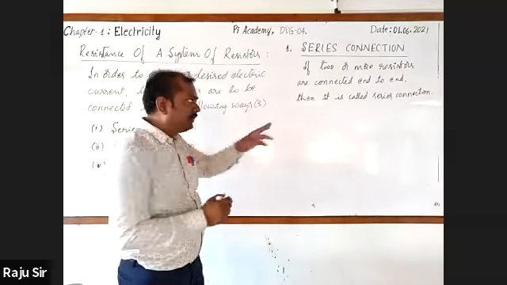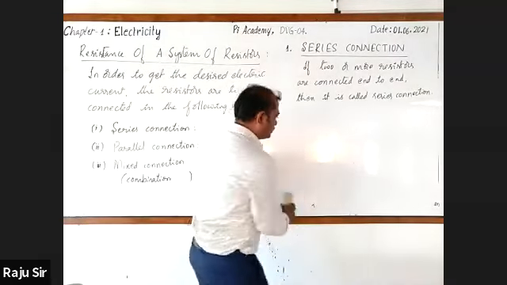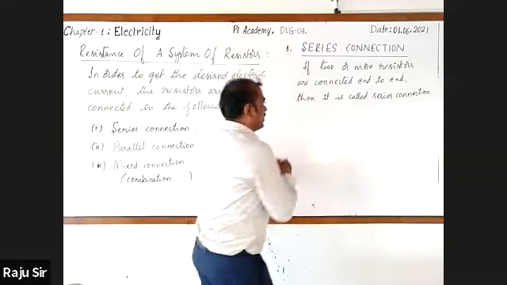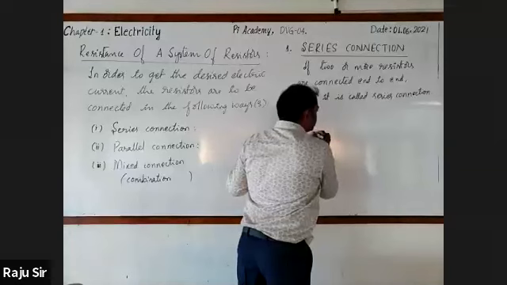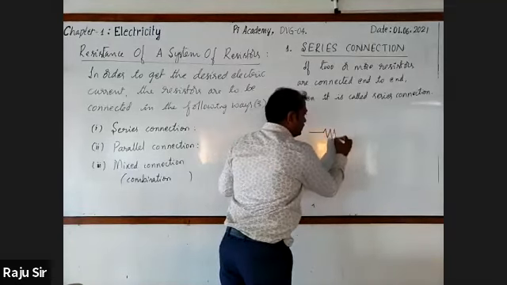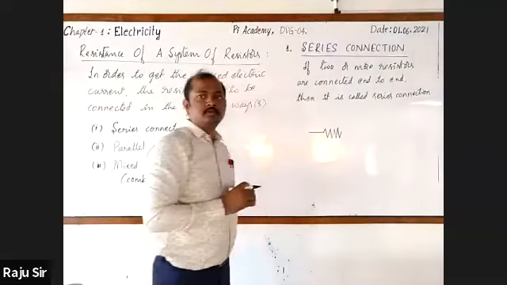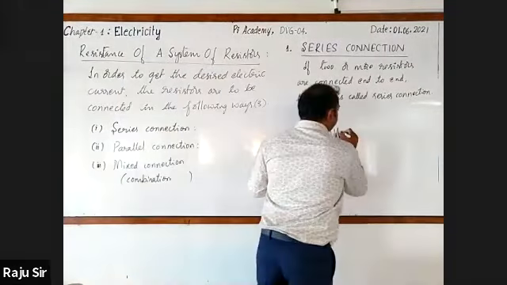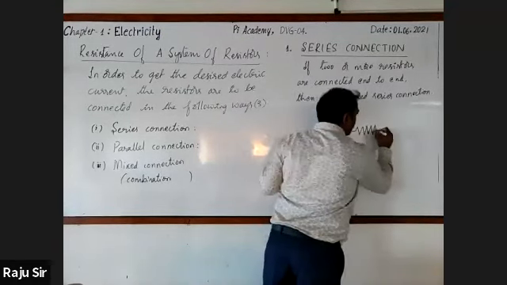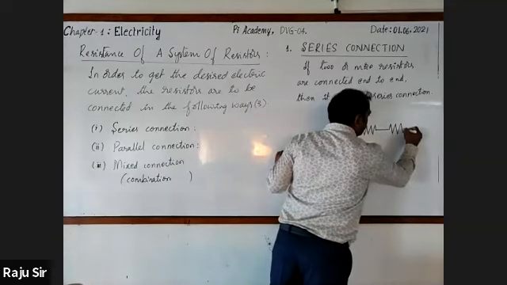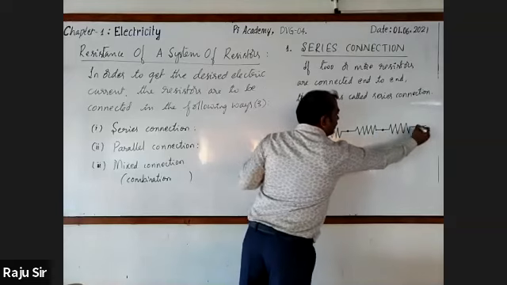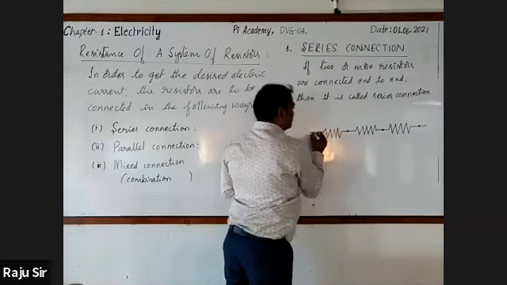Now, let me give you the circuit diagram with respect to series connection. I take 3 resistors. Yes, draw them neatly. This is the first one, then the second one, then the third one. And we have marked the points also.